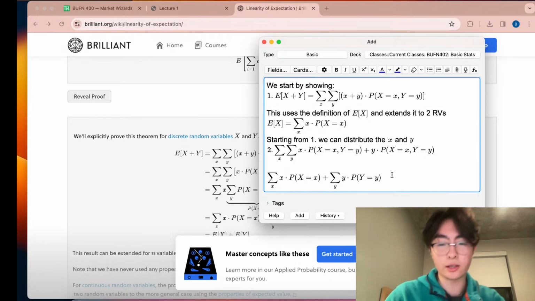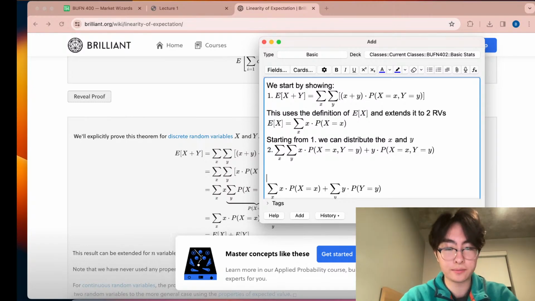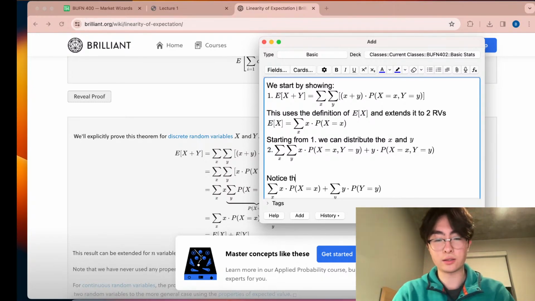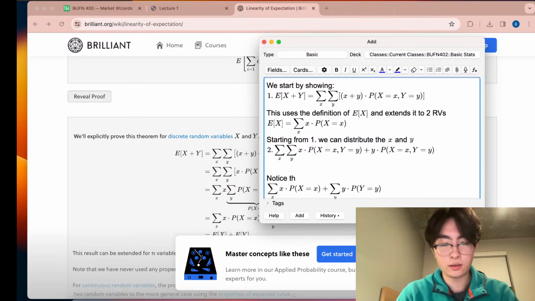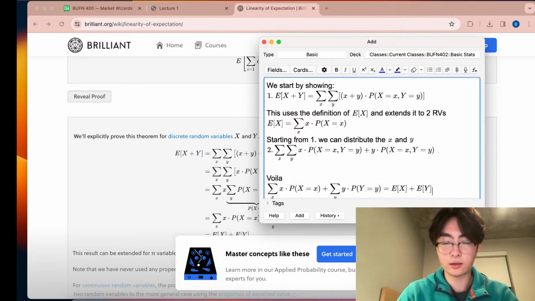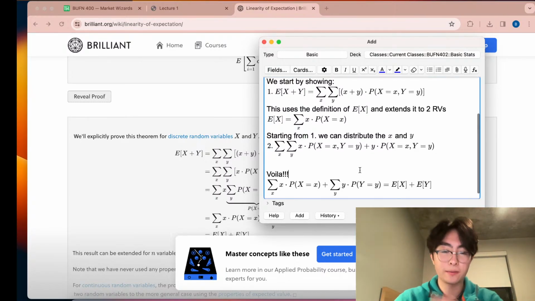Notice that this equals the expectation of X plus the expectation of Y. Voila.